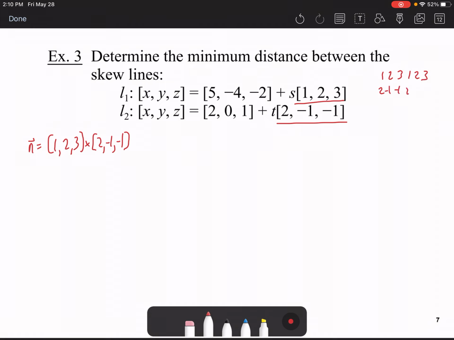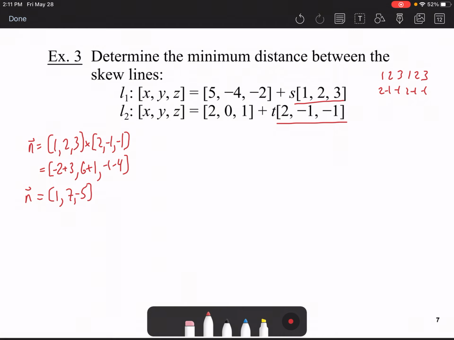Okay, I'm going to work out my cross product here. I get -2 plus 3. I get 6 plus 1. And I get -1 minus 4. So I get my normal as 1, 7, and -5.